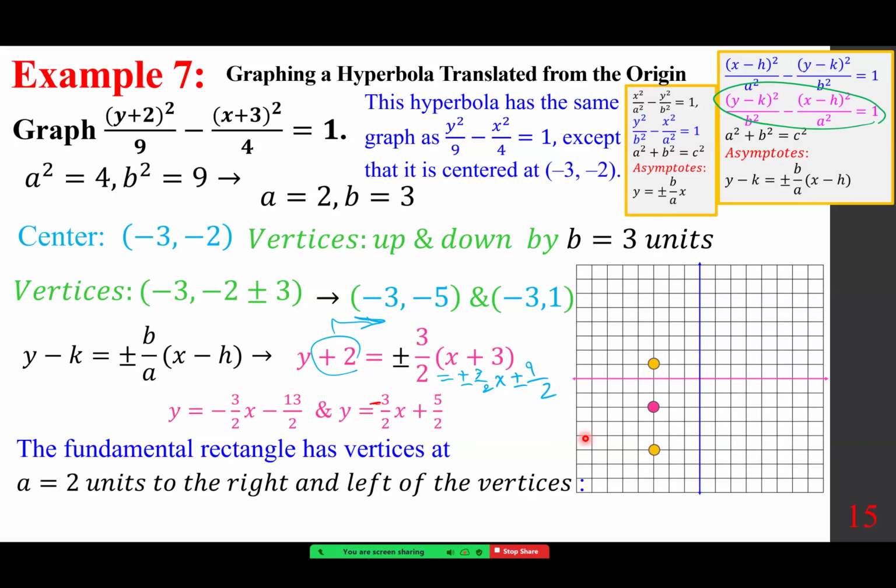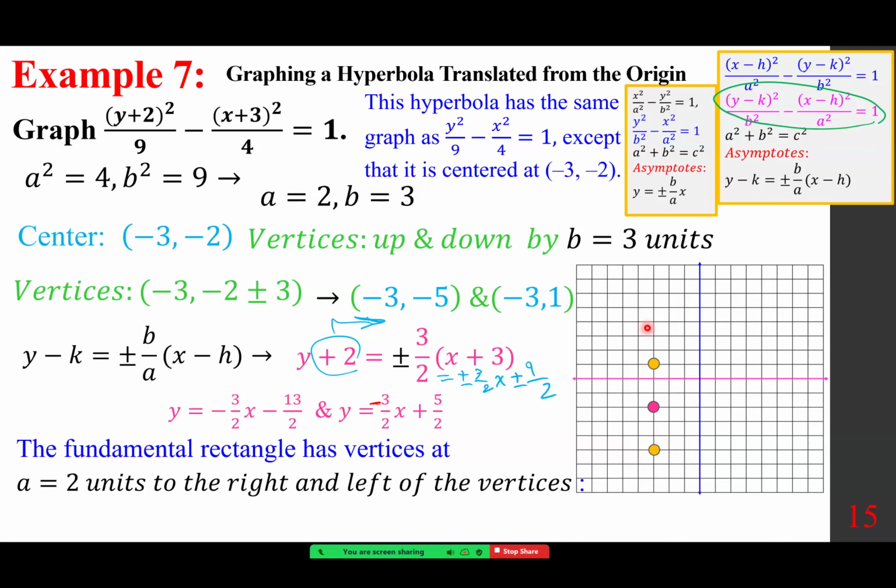For the sake of argument, if you look at this one, -3, -5, if I go to the right by A units, it gives me this point, -1, -5.